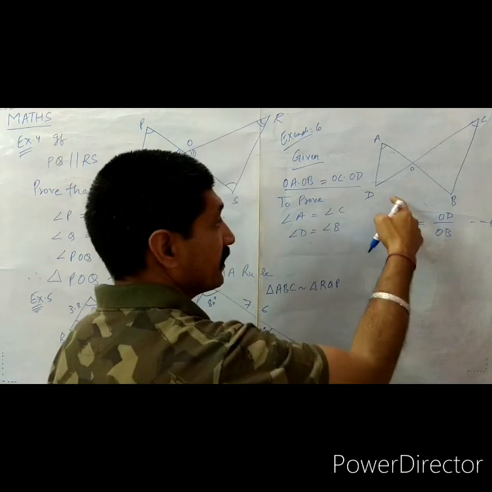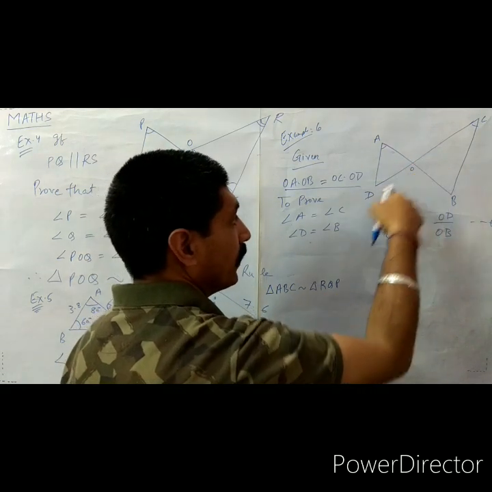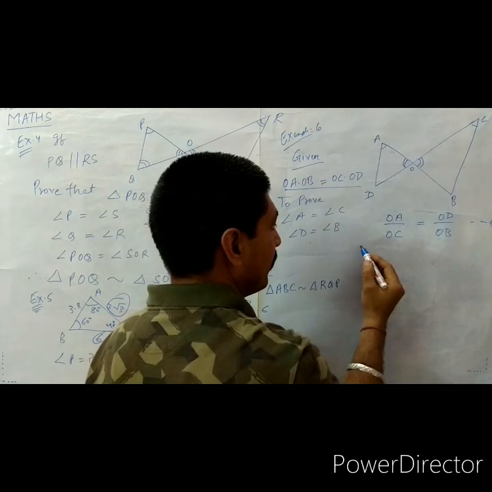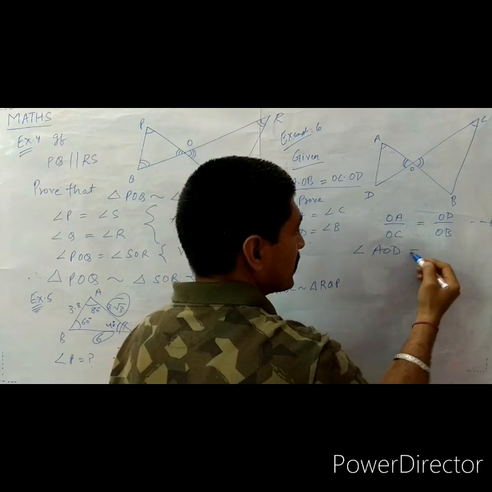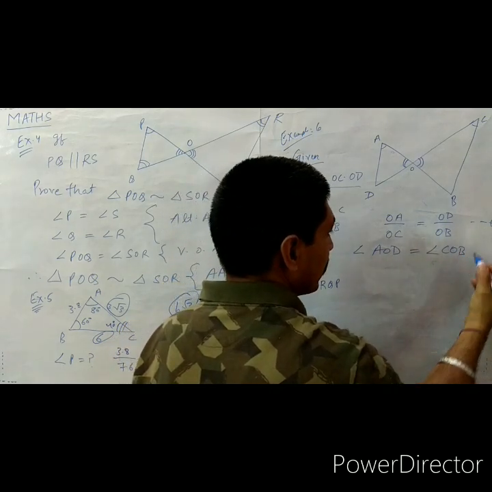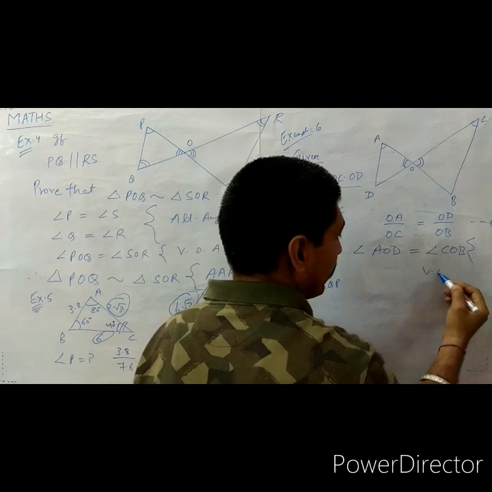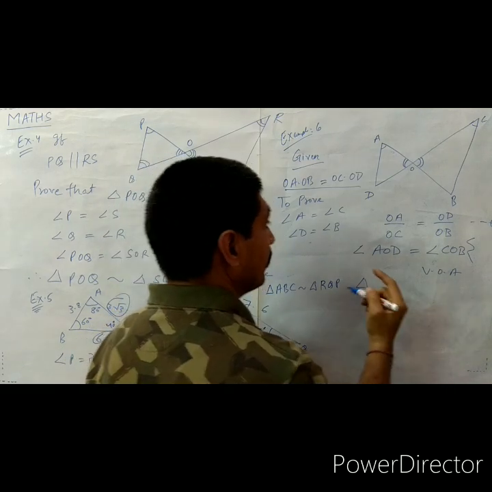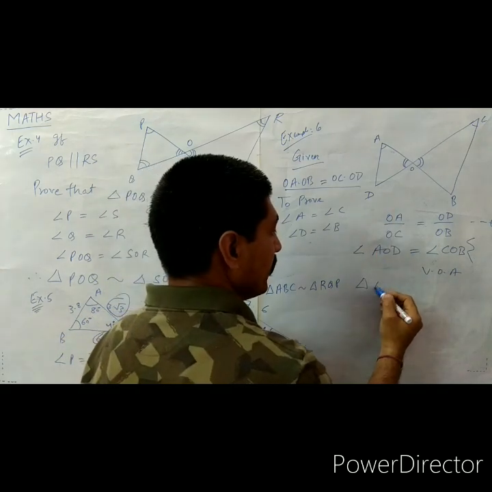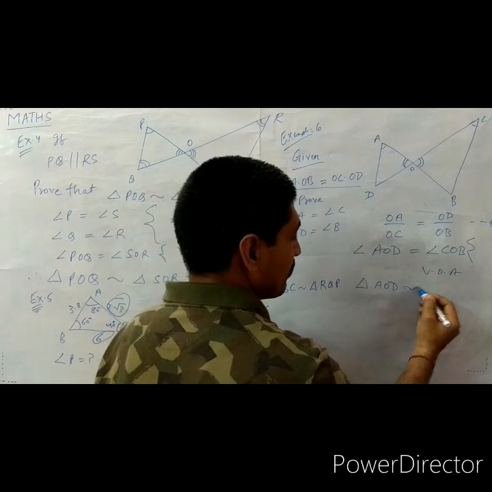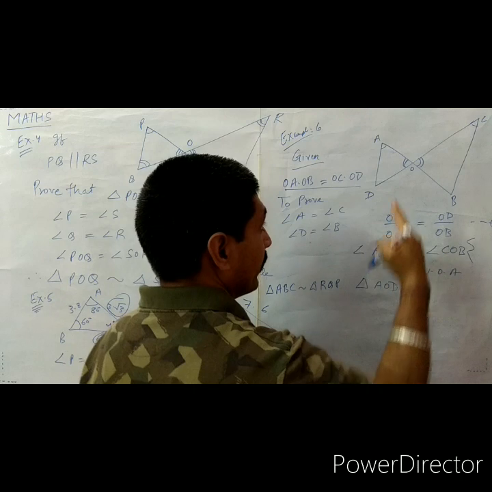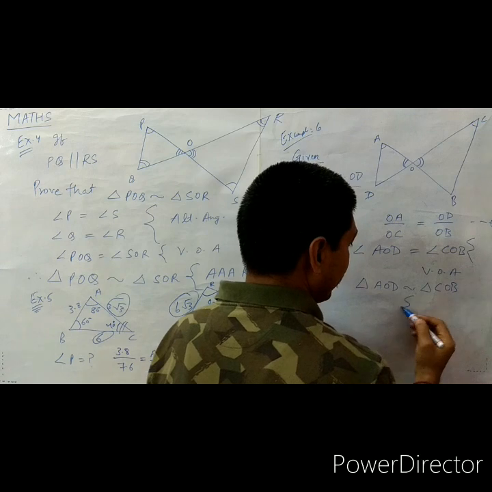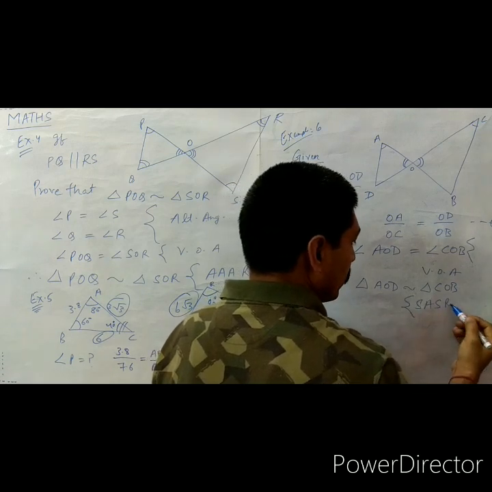And in these two sides OA and OD, OC and OB, the angle between them, angle AOD, is equal to angle COB, vertically opposite angles. So triangle AOD is similar to triangle COB by the side angle side rule.